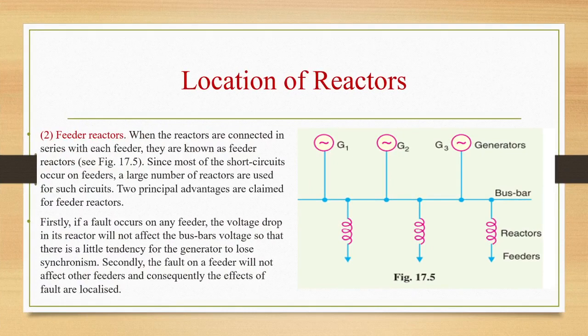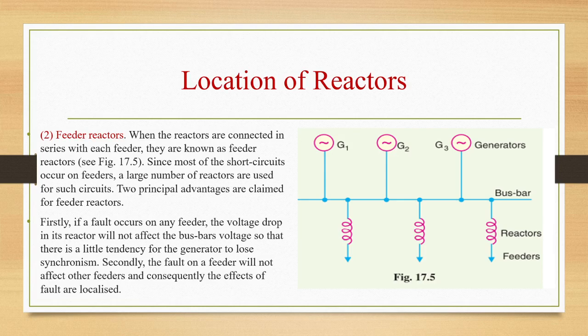Second one, feeder reactors. When the reactors are connected in series with each feeder, they are known as feeder reactors. Since most of the short circuits occur on feeders, a large number of reactors are used for such circuits. Two major principal advantages are claimed for feeder reactors.